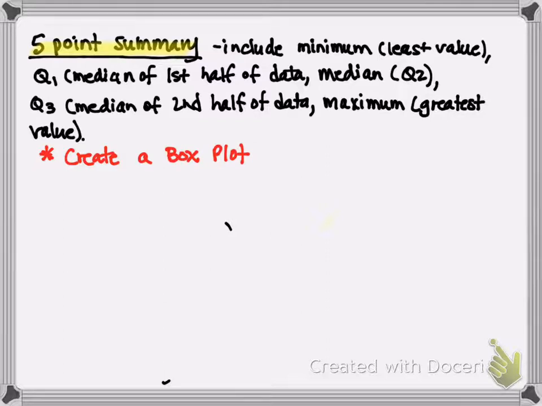But I guess that didn't sound very mathematical, so Common Core said, let's just call it a box plot, okay? So, create a box plot using these 5 data points.